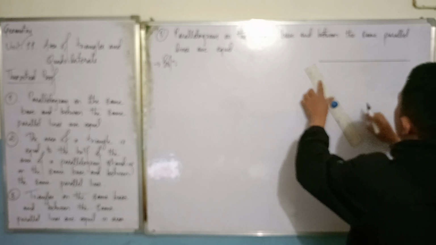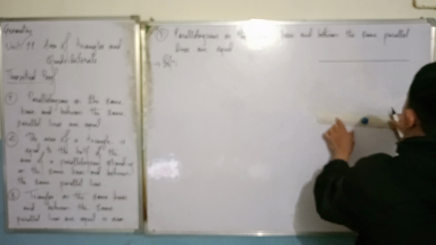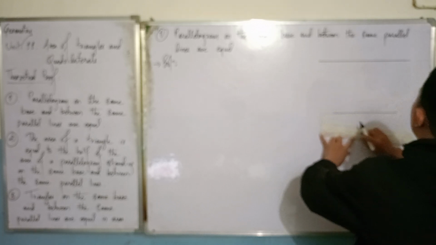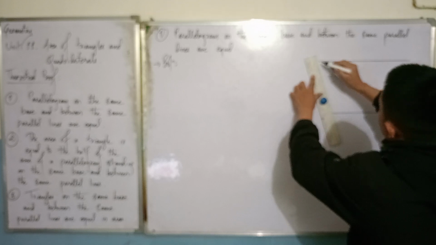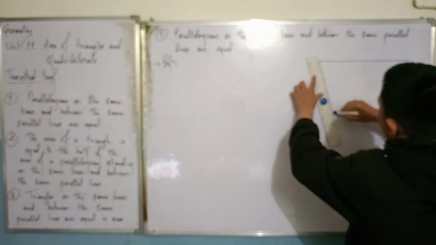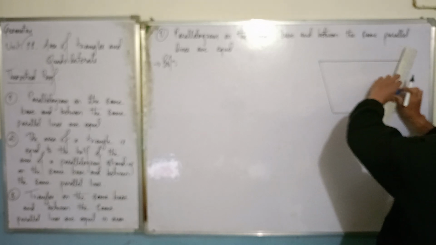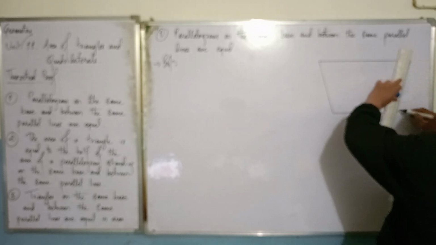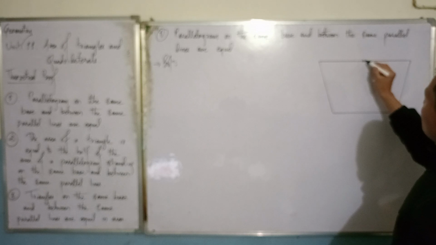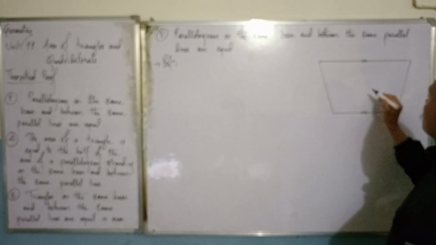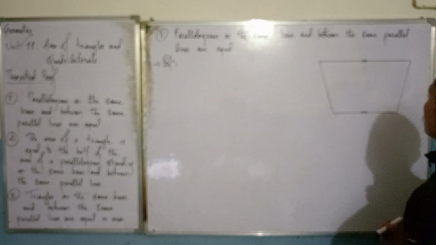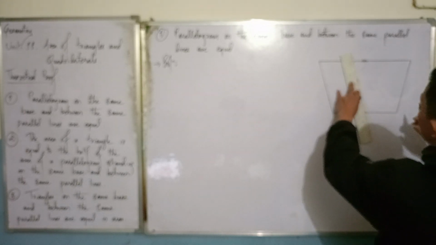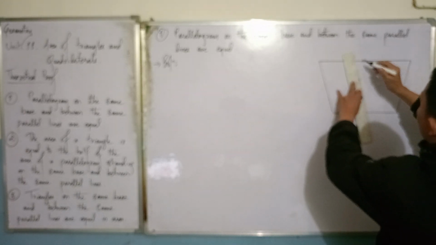Just make a diagram. This looks like a trapezium. Make your parallel lines, these two lines must be parallel, and then make one parallelogram here.